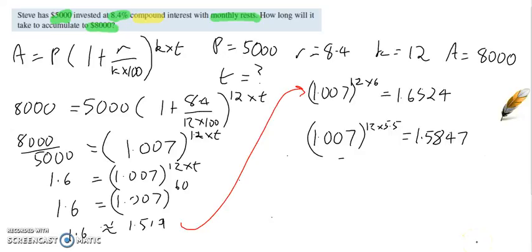It's still below it, which means that I'm going to have to go between 5.5 and 6. So notice how it gives you a direction of which way to go. So I'm going to skip 5.6 and I'm going to try 5.7. And I get 1.611. So I'm just over. Maybe I should have tried 5.6. So we'll try that now.